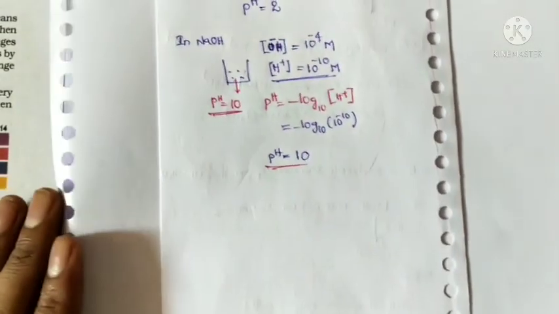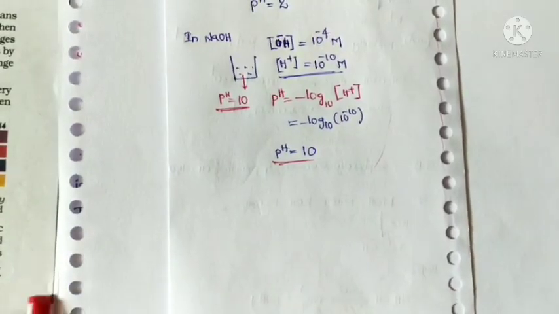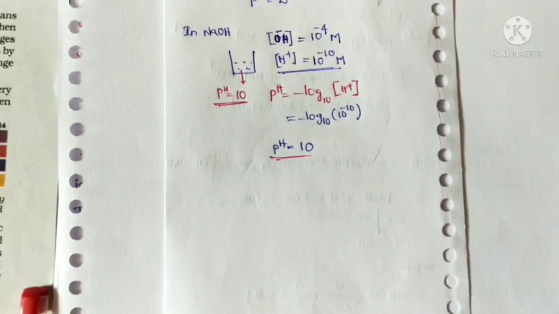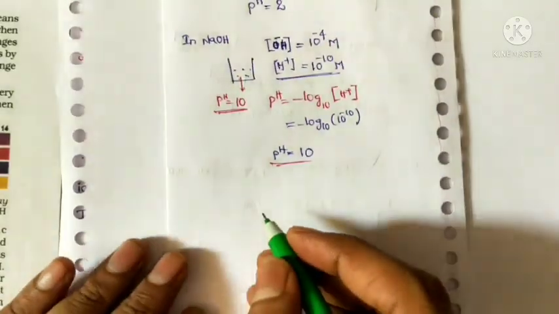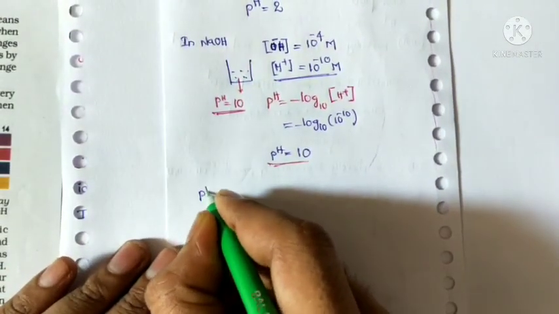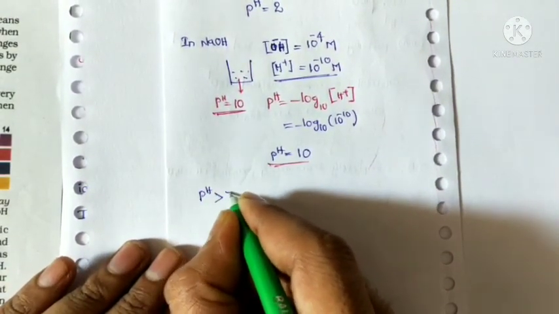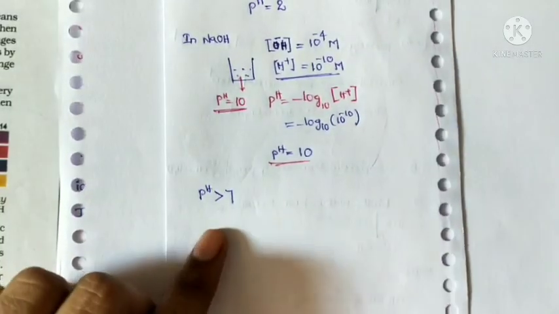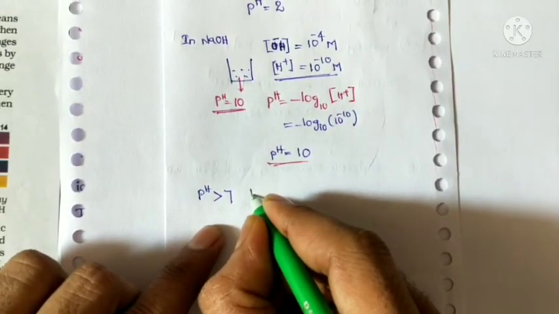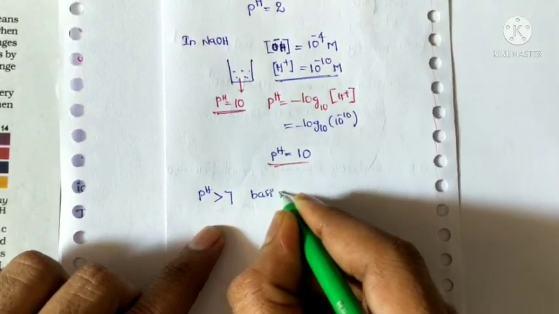According to this scale we can conclude whether the solution is acidic, basic or neutral. If the pH value is greater than 7, that is called a basic solution.